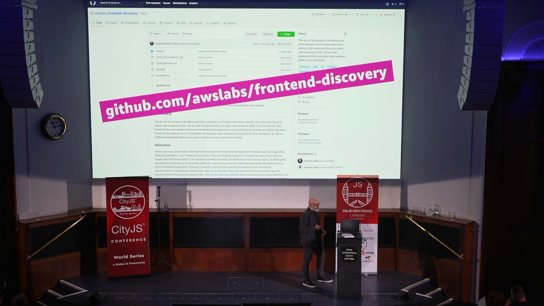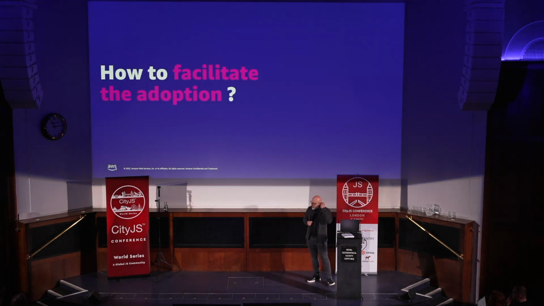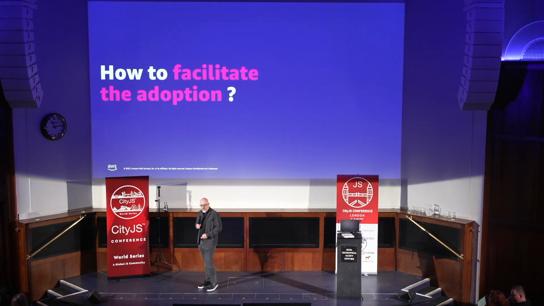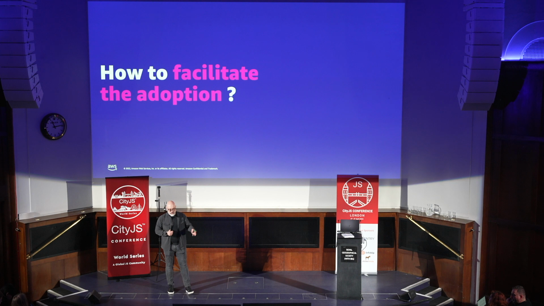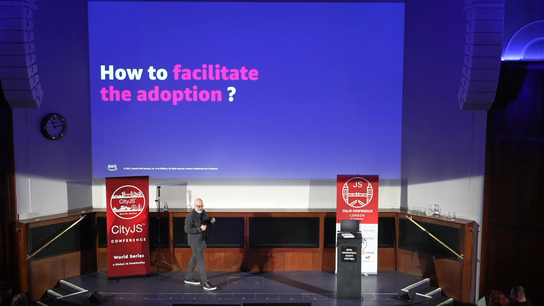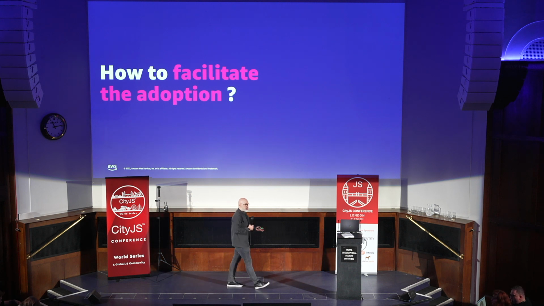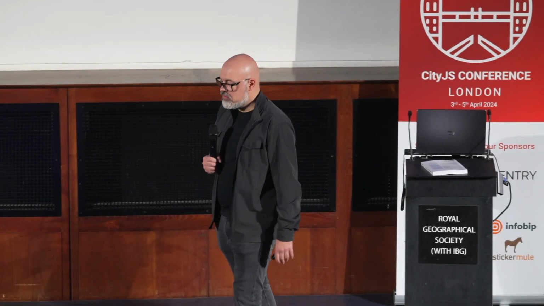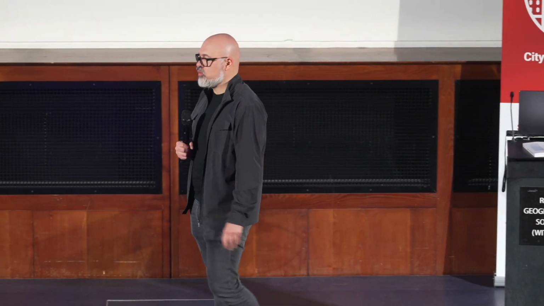I really like that. But then it's me that, as usual, in my nights, a few people that know me know that at midnight I'm there thinking about this stuff, which I know is not normal, but it's who I am. How can we facilitate the adoption? Because the reality is, okay, now we have a schema. Now it means that we have a way to discover, which is agreed with quite a few people in the community.